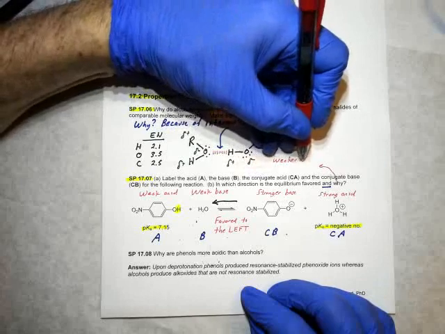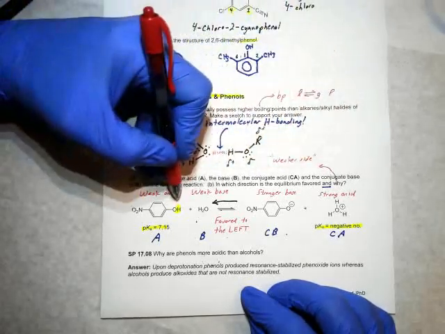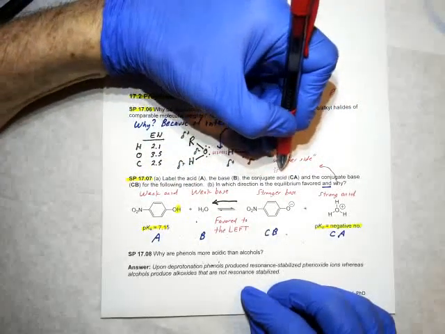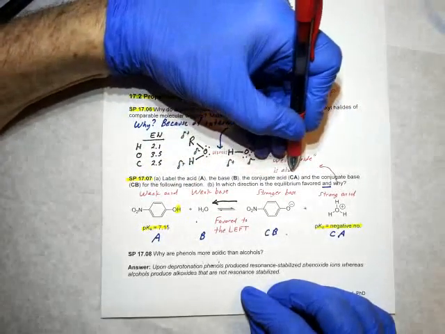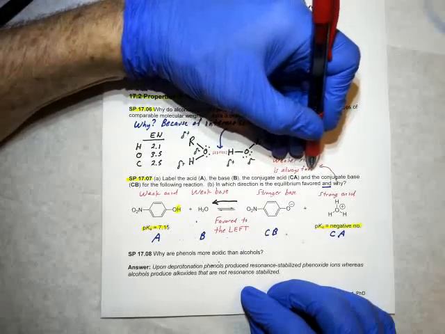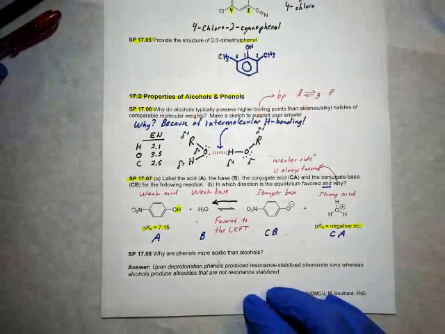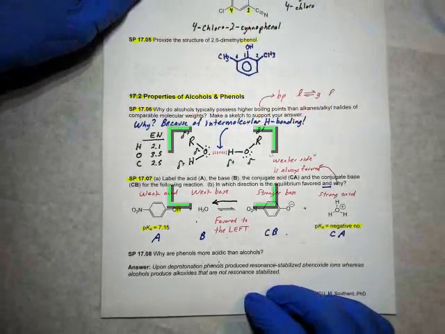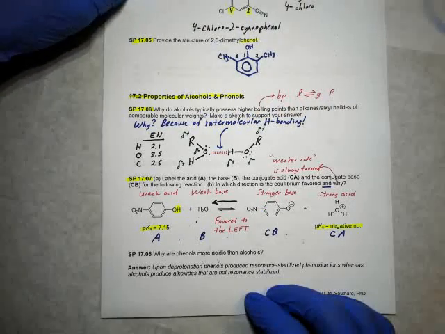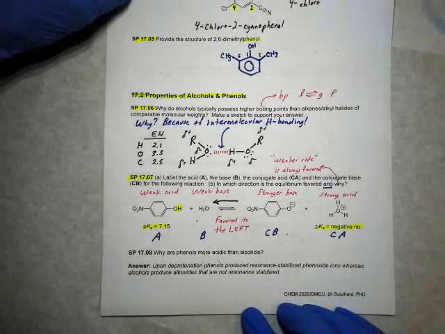Weaker side, in this case the left side, is always favored. And it's simple, because when you mix acids and bases together, they don't get stronger, they get weaker. So that turns out to be a chemical property of a phenol. And of course this applies to alcohols as well.